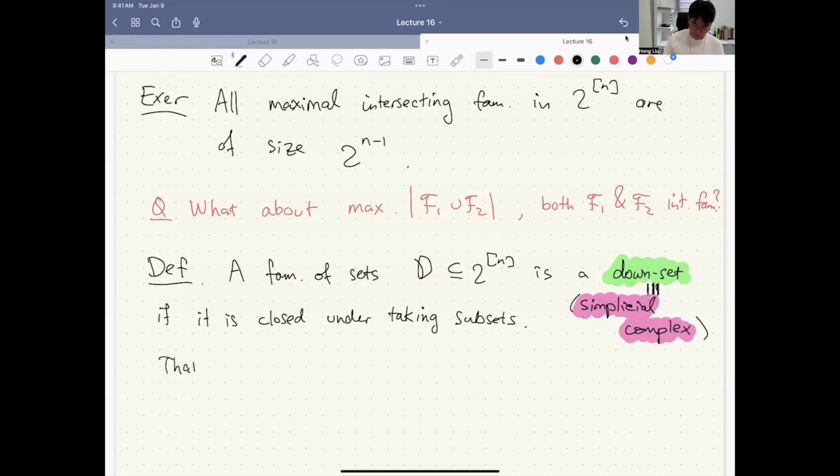That is, if a set T is in D and S is a subset of T, then S must also be a member of D.